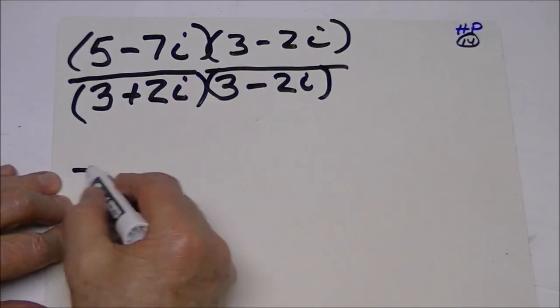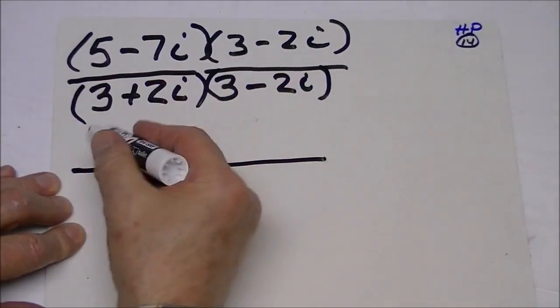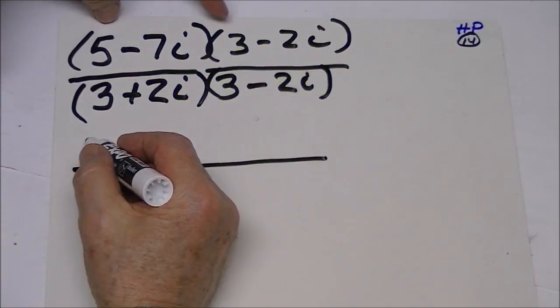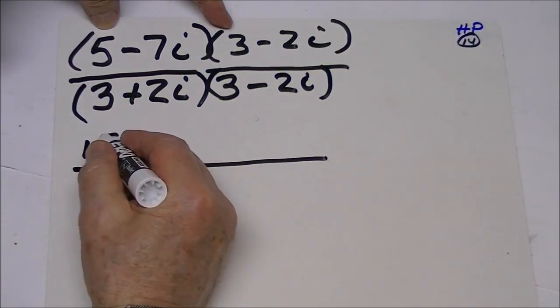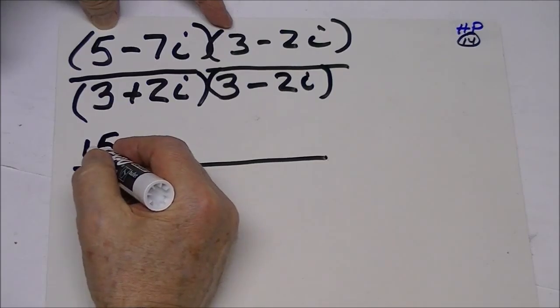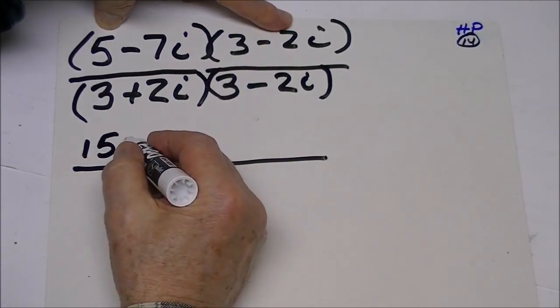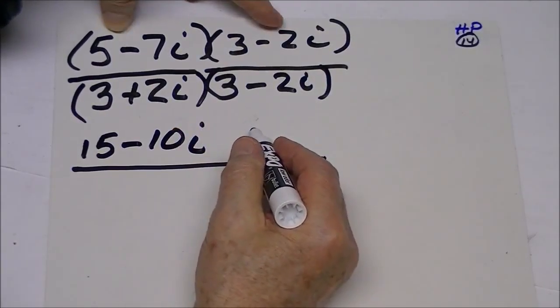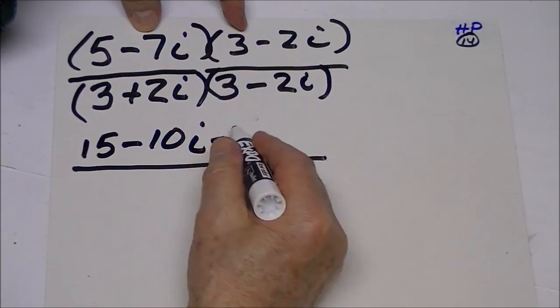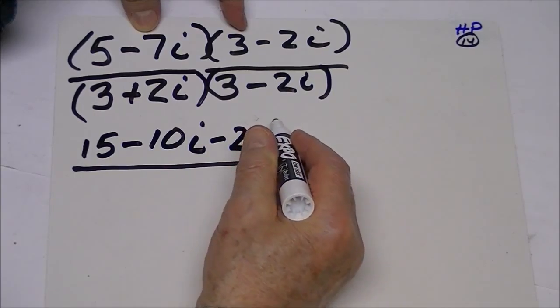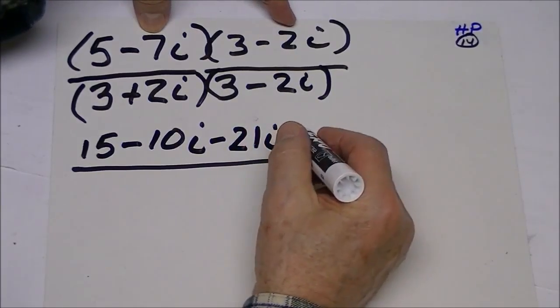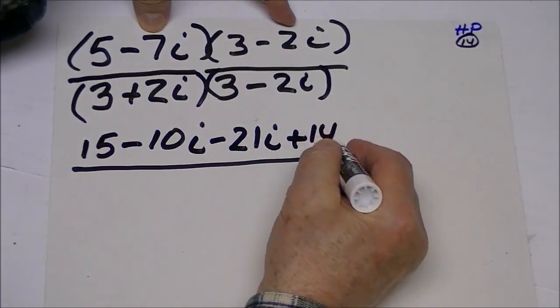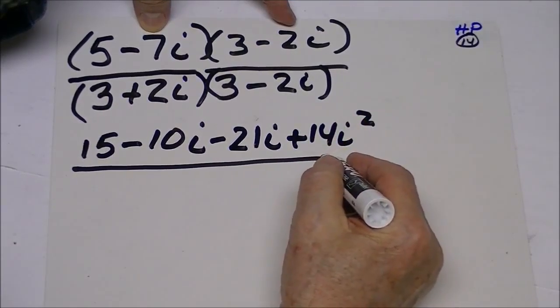So, as we FOIL the top, we get our first is 15. Our outers are a negative 10i. Our inners a negative 21i. And now our last, a positive 14i squared.